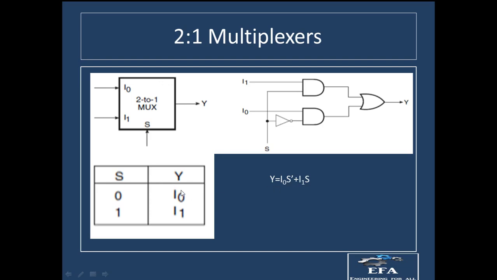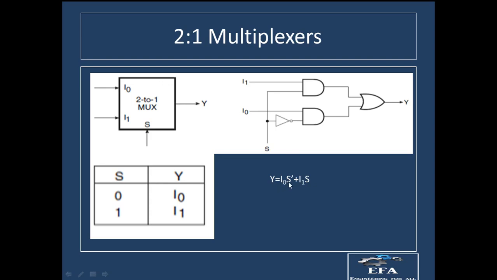When we are having the value I0, this is coming because S is equal to 0. Because S is equal to 0, we have to take it as a complement, so S complement into I0, plus I1 into S. I1 is coming from here and from here S is coming. There is no complement because S is equal to 1. Therefore I1 into S will be there, and so Y will be equal to this equation.